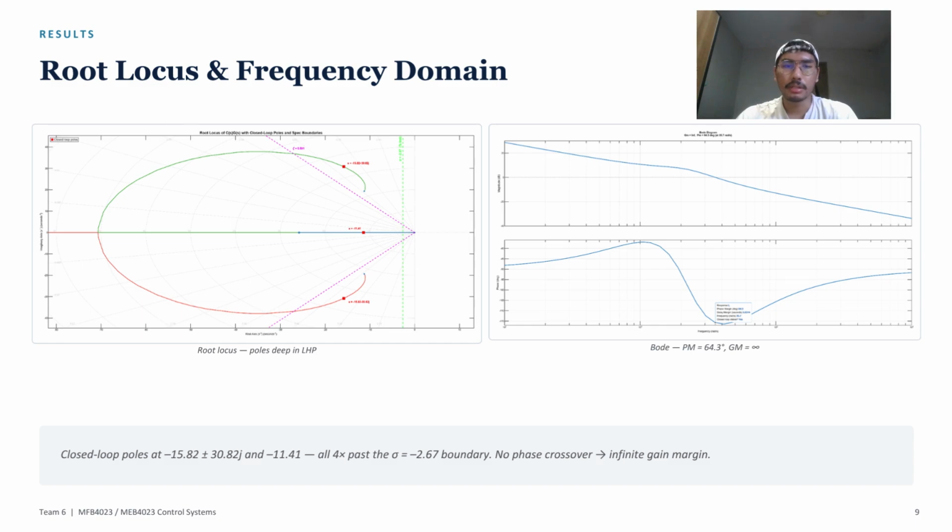On the root locus, our closed loop poles land at minus 15.82 plus or minus 30.82j and minus 11.41, all more than 4 times past the boundary we needed.